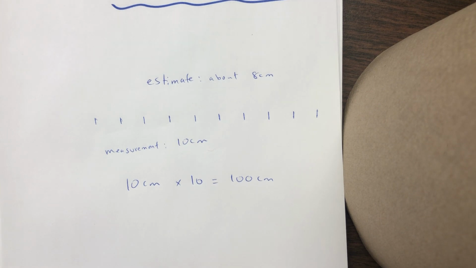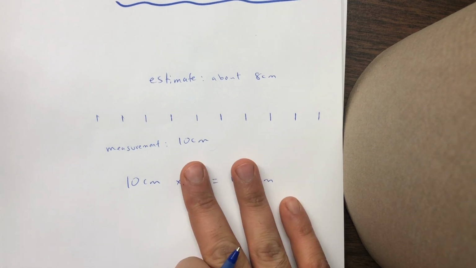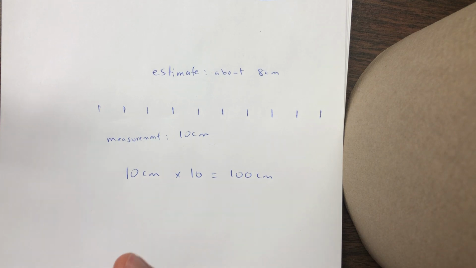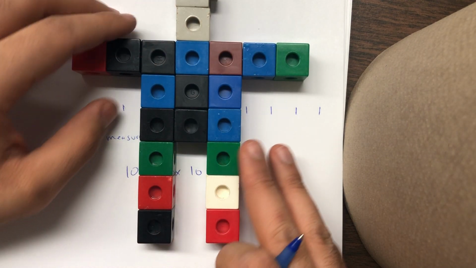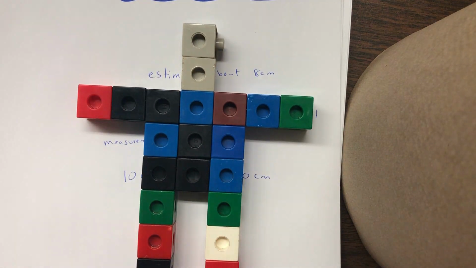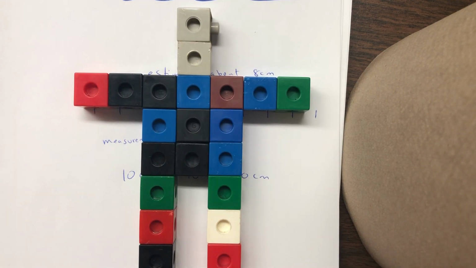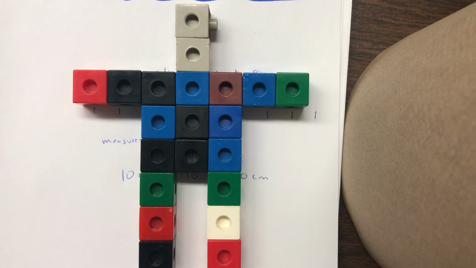Okay, now moving on to volume in cubic centimeters, I could ask you several different questions and give you different builds of different things. For example, if I have this right here, we'll just call it a creature, and I tell you to measure the volume in cubic centimeters of this creature, what would you do?